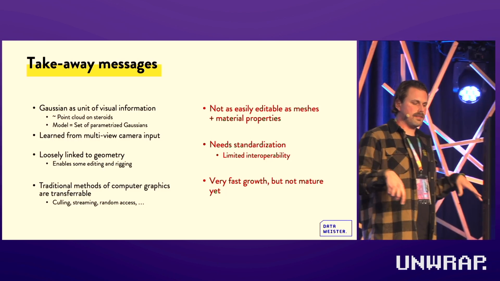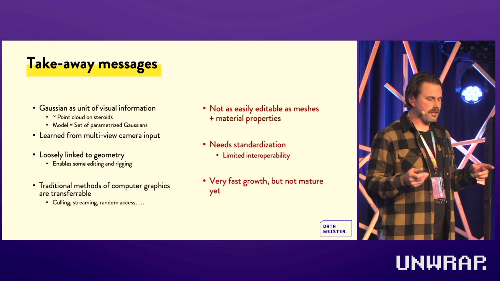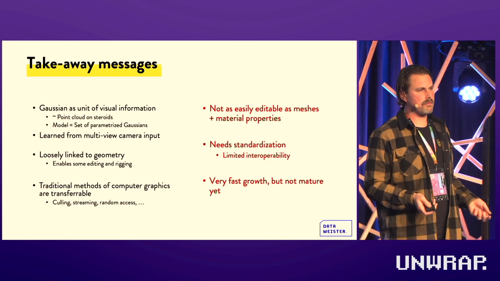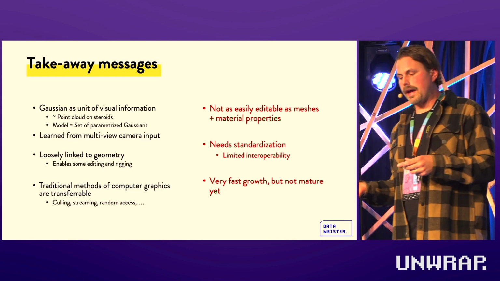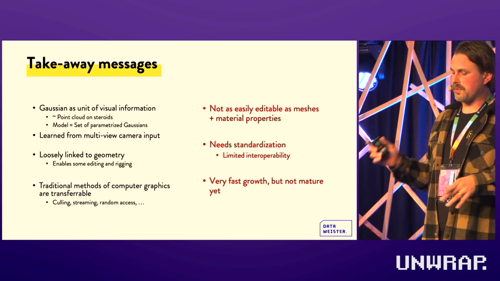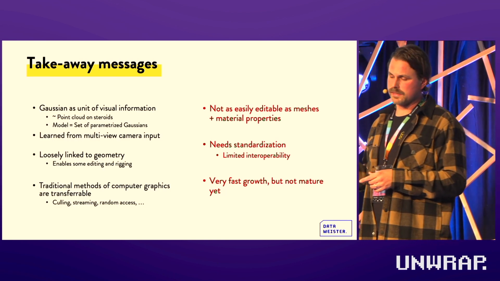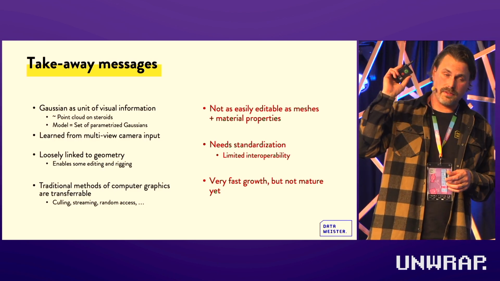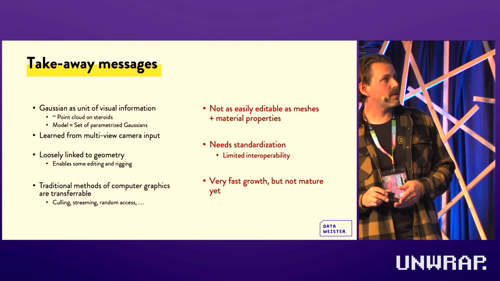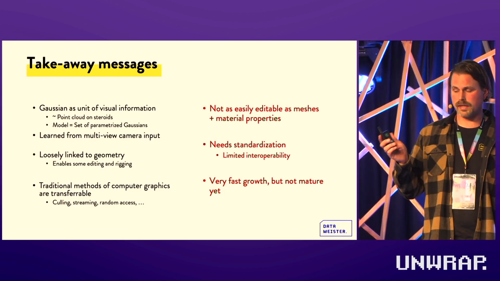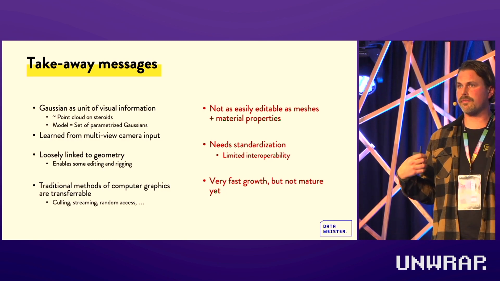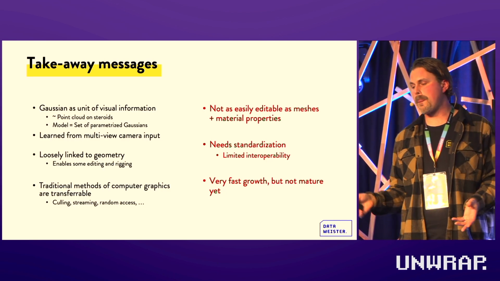It's loosely linked to the geometry, and for that reason it enables some editing and rigging. Traditional methods of computer graphics are transferable, like culling and streaming and random access. It's not as easily editable as meshes with material properties, so you give away a lot of control.